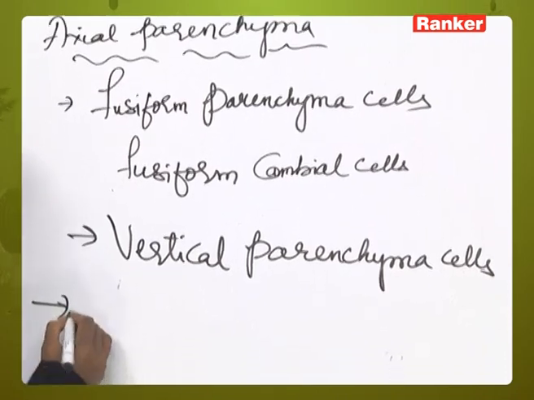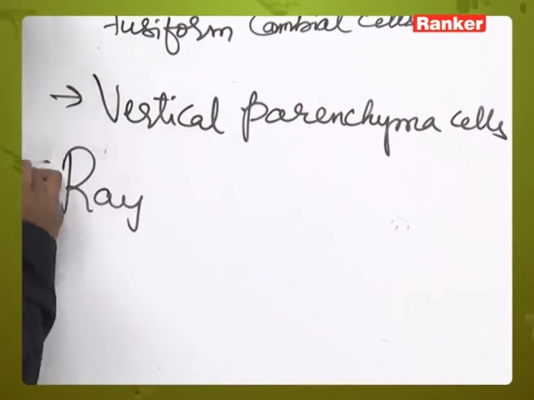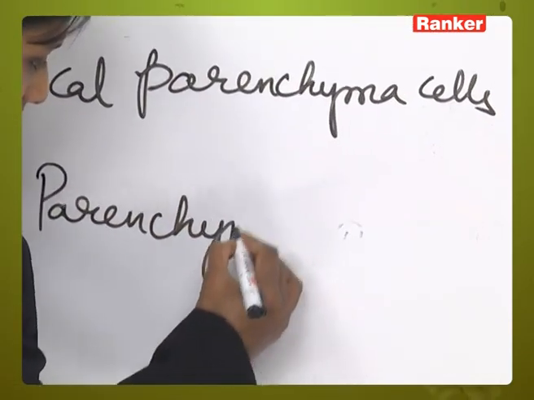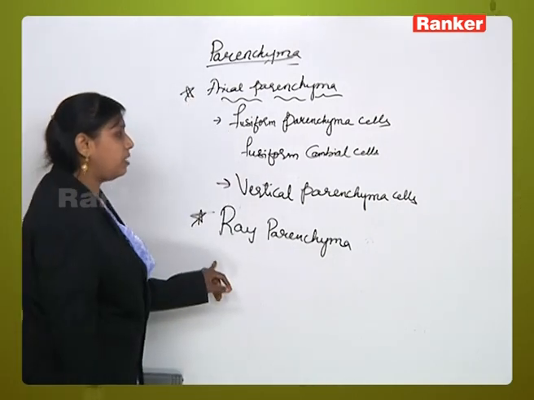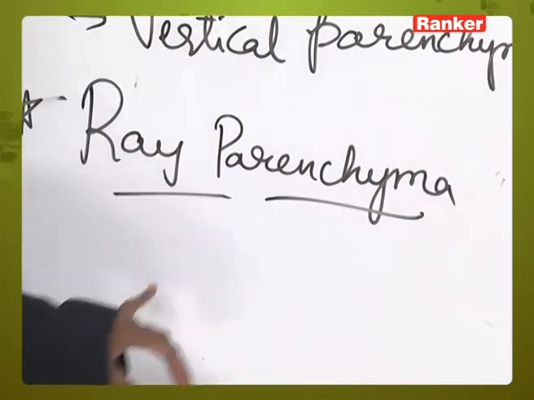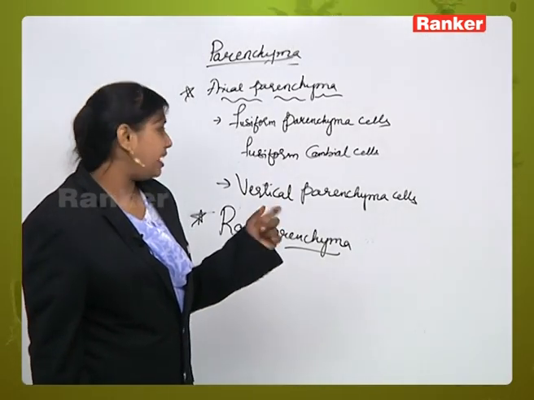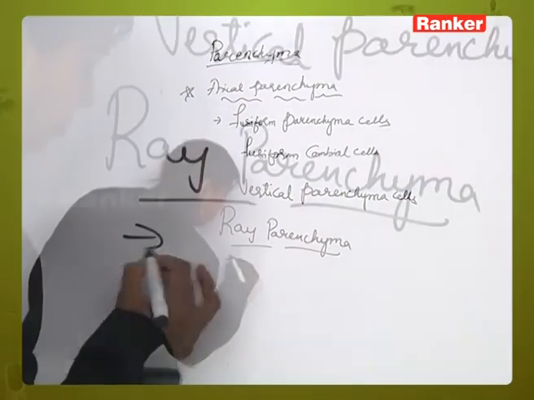Now we will talk about ray parenchyma. What is ray parenchyma? Ray parenchyma are the parenchyma cells derived from the ray initials of the cambial cells.